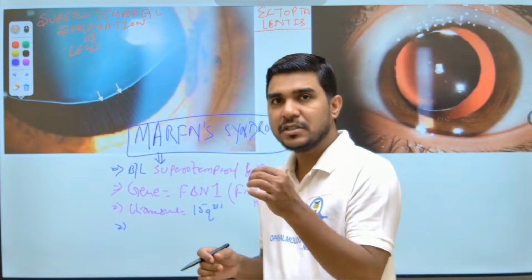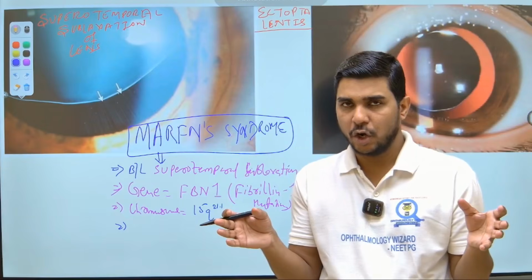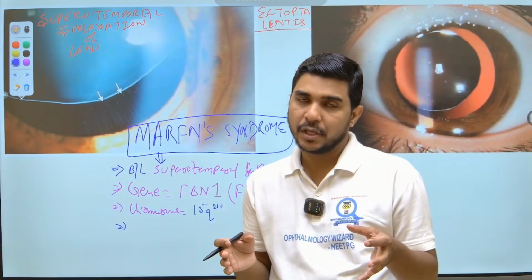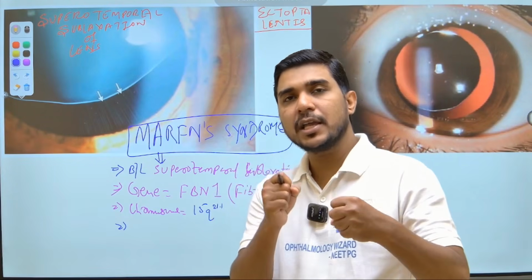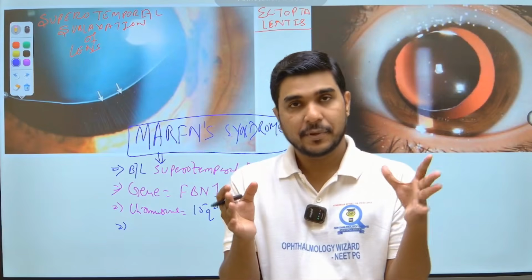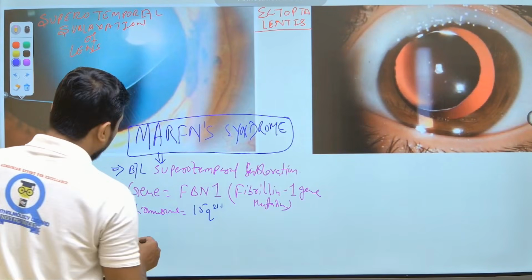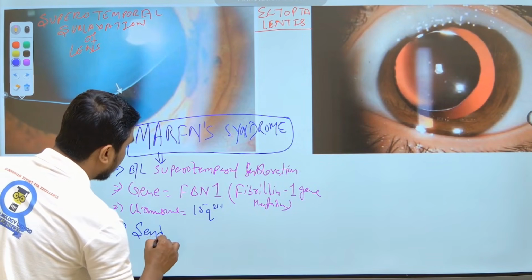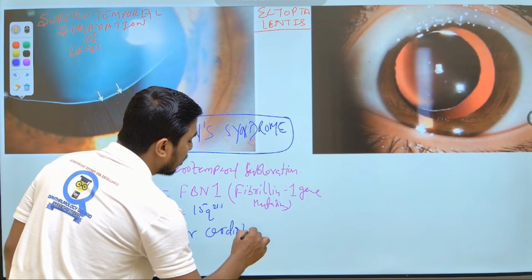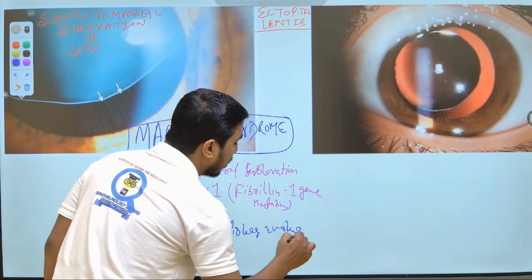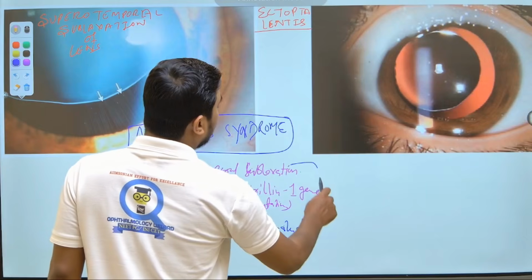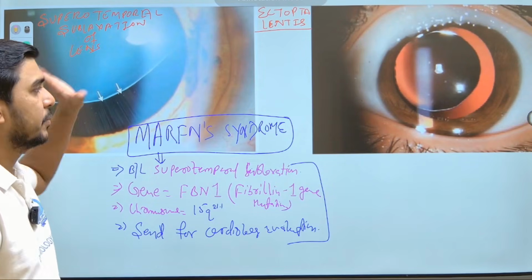Marfan syndrome is a connective tissue disorder, so they are at risk of developing congenital cardiac anomalies. You need a cardiac evaluation before you treat the eye. So send the patient for cardiology evaluation. These are the few things you need to remember.